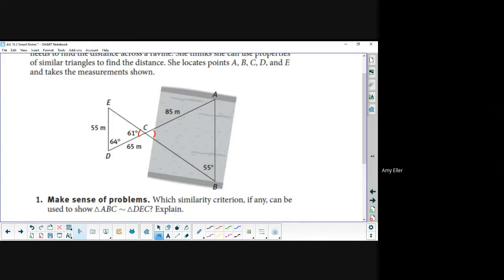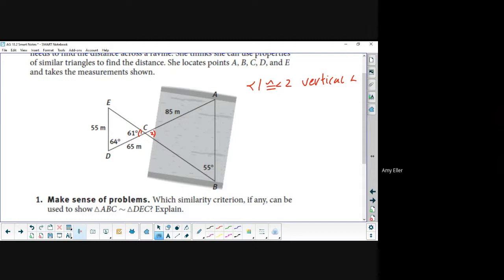We don't want to call it angle C, so we'll give it a 1, 2. Angle 1 congruent to angle 2, vertical. Raise your hand if you also notice vertical. Good, good. Okay, so that is 1 set of angles they share.